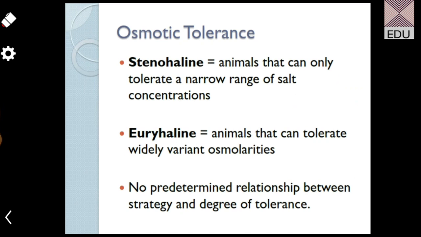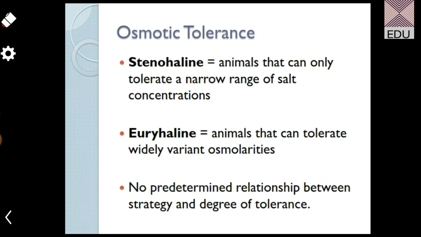Now these are some of the terms related to osmotic tolerance. As we have earlier discussed, we have stenohalines with a narrow range and euryhalines with a wide range. No predetermined relationship between strategy and the degree of tolerance has been given.